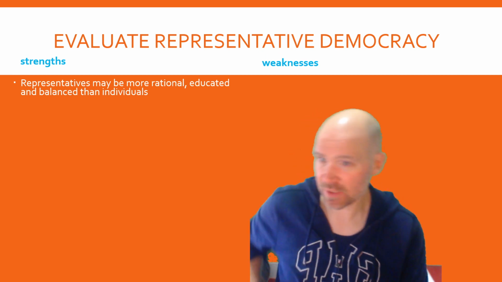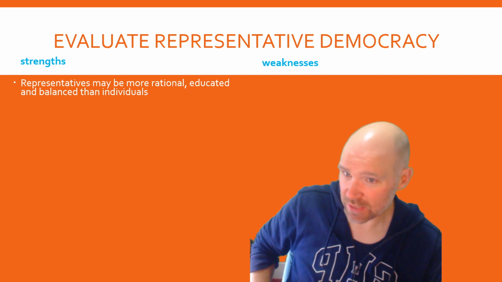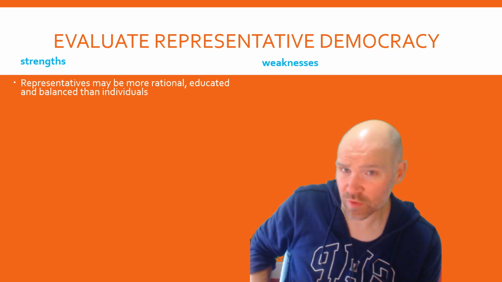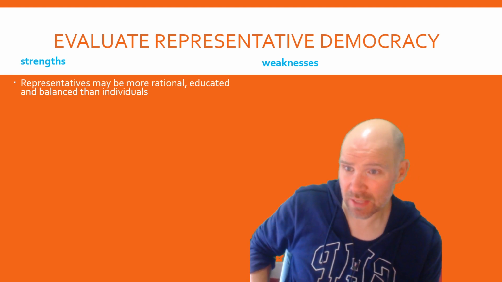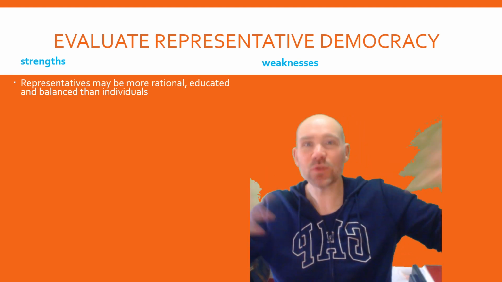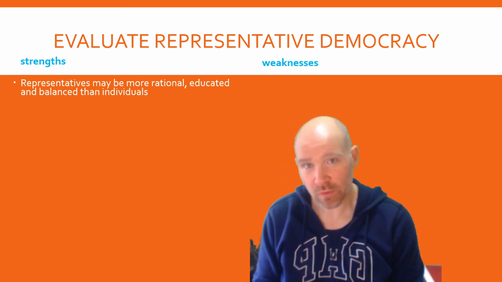The first idea here is that representatives may be more rational, more educated and balanced than individual citizens. Now just think about all of the people you know, the cleverest people and the not so clever people, the rational people and the people that are, I don't know, a little bit enthusiastic, let's say. Do you trust all of them to make decisions? Would you trust all of them as your delegate?